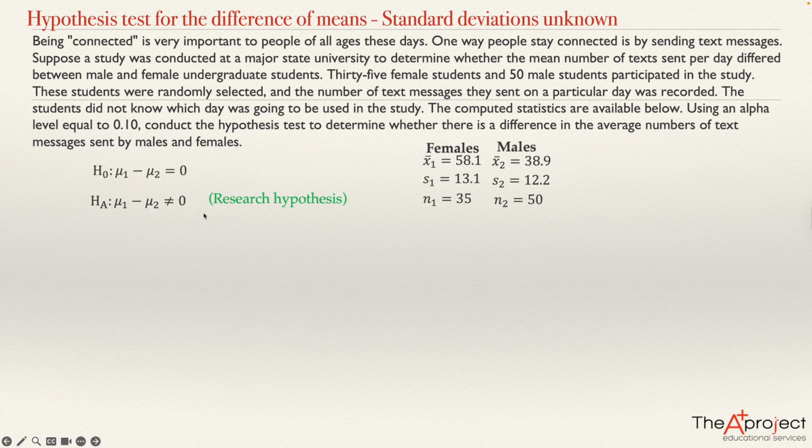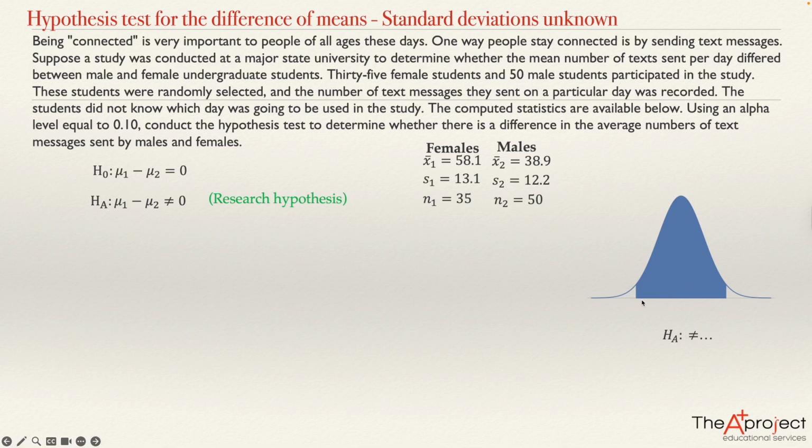Because the alternative hypothesis is not equal, this is a two-tailed test. Not equal could be because the difference is greater than or lower than 0. Okay, so this is the alternative hypothesis, and the test statistic is going to compute this value. So the area in these two tails will be the p-value.